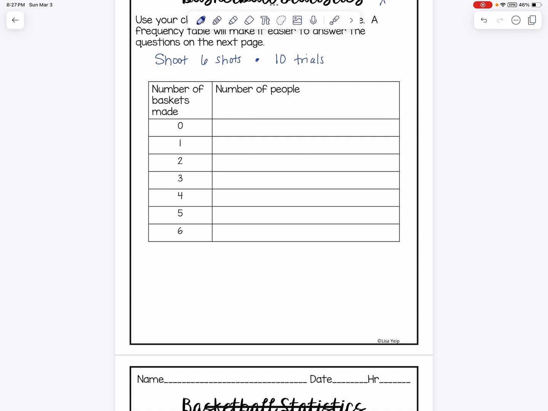So you're going to do 6 shots, see how many baskets you made. You're going to do 6 shots again, see how many baskets you made. You're going to do 6 shots again, see how many baskets you made, and you're going to do that 10 times. Okay, and then go ahead and record your number down.